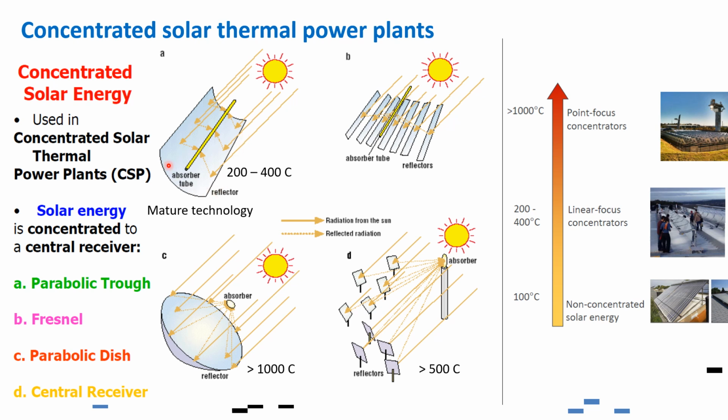As you can see, the parabolic trough is the most mature, and more than 90% of commercial concentrated solar power is based on the parabolic trough. It can generate electricity at temperatures up to 400 degrees Celsius. The working liquid is moving through this tube here, and the sunlight goes towards the mirror.